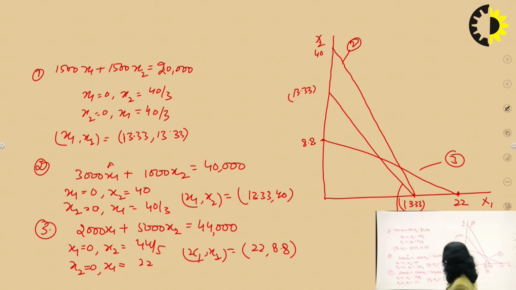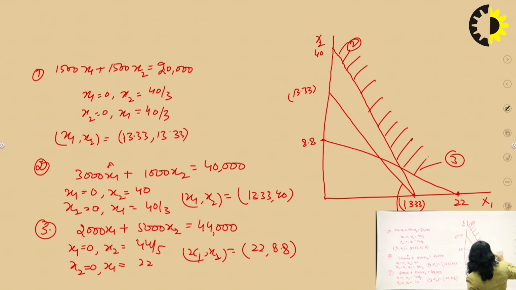We can see here the symbol involved is the greater than or equal to symbol. It means we will shade above the line. In all the three cases we will shade above the line. So this is the common region.